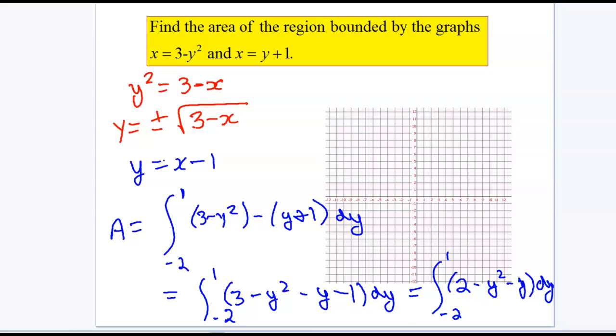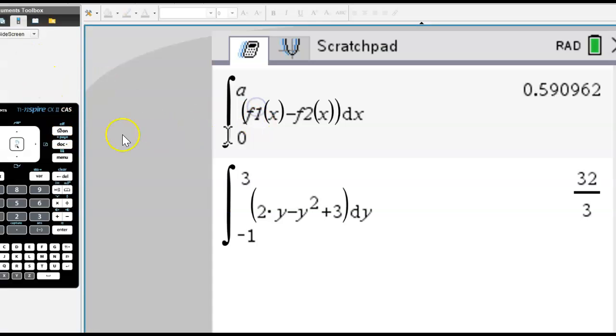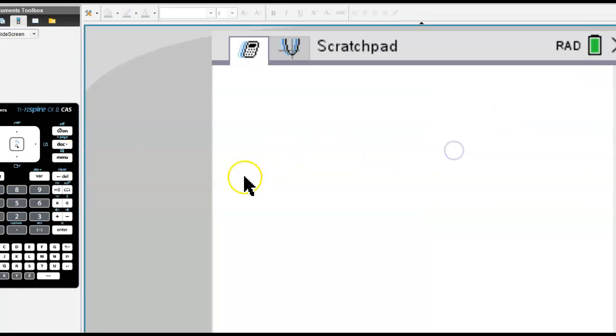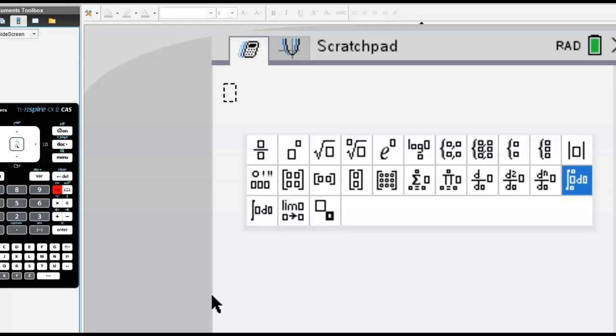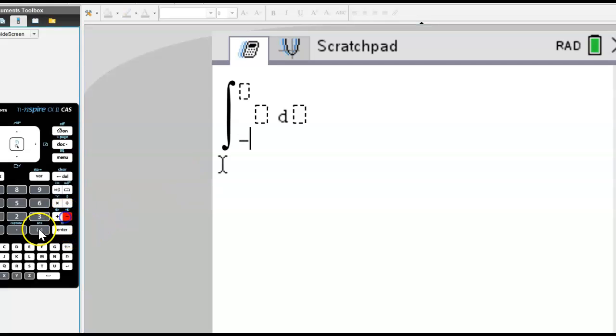So I'm going to enter this into my calculator. So I have to go back to the calculate screen, and I'll get rid of what's in there. And I'm going to select this. And now I am going from -2, not -3, but -2 to 1.